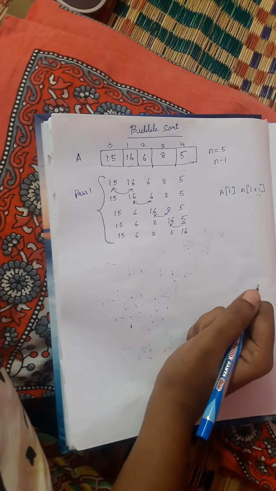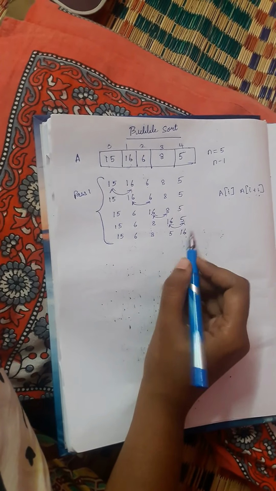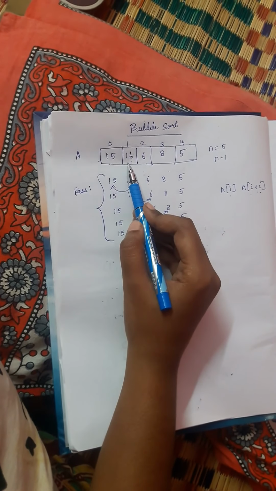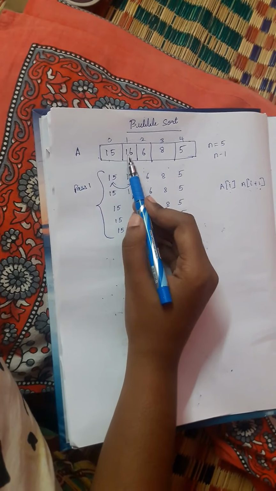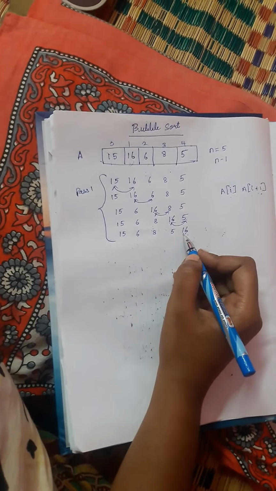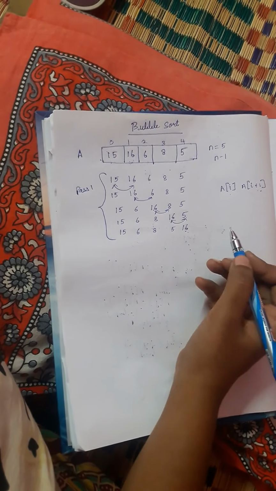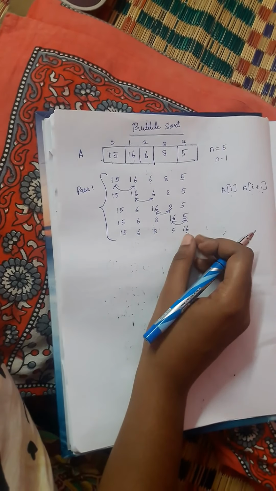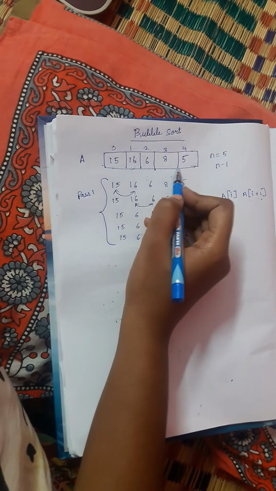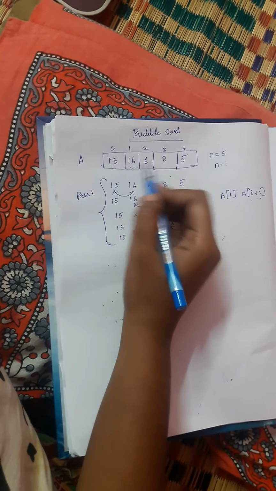Here we will see one difference. Among these elements, what is the largest element? 16 is the largest element in this array. In pass 1, you will see that the largest element has attained its position. Attained its position means it is in the correct place, because if you arrange the array in ascending order, this element will be at the last place.